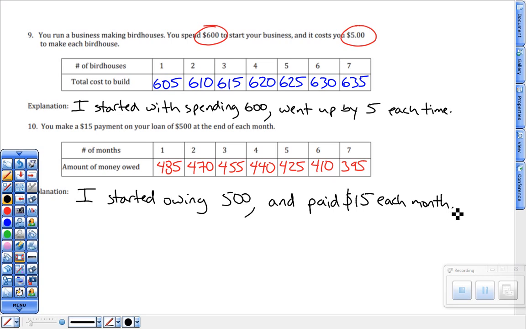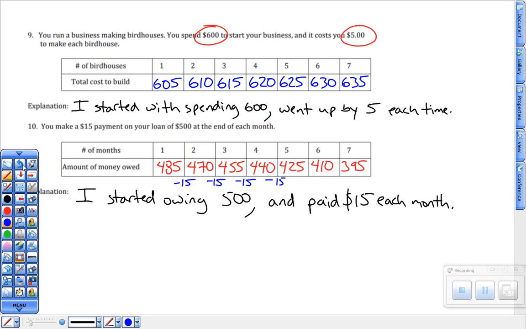And again, looking at these tables, this one's different because this one is going down by 15, down by 15, down by 15, where this one up here on top went up by 5, up by 5, up by 5. That's an important subject.